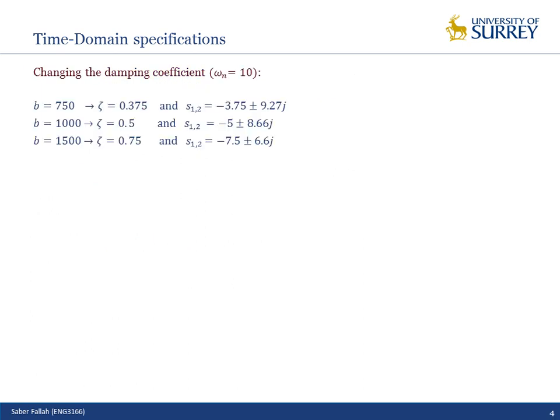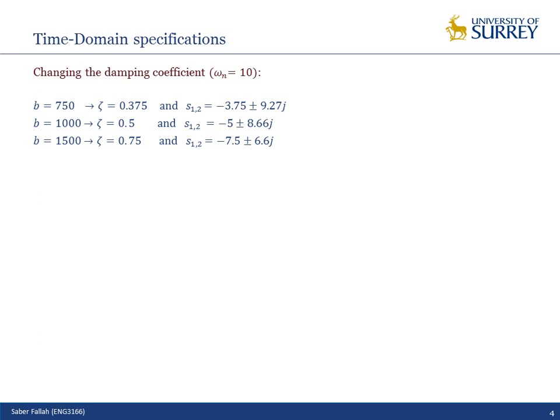So look, I will choose 3 values for the damping coefficient. B equal to 750 as given in the question, B equal to 1000 and B equal to 1500. If I choose B equal to 750, the damping ratio will be 0.375, but omega n is constant.